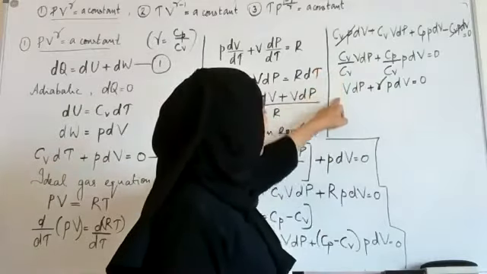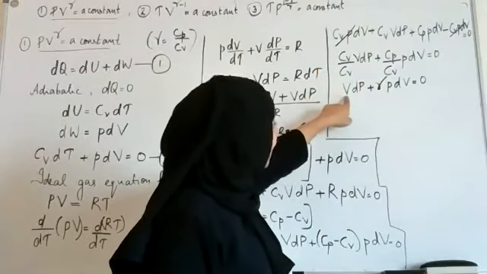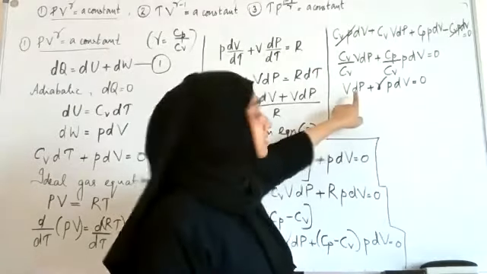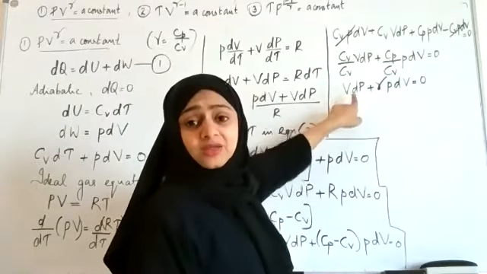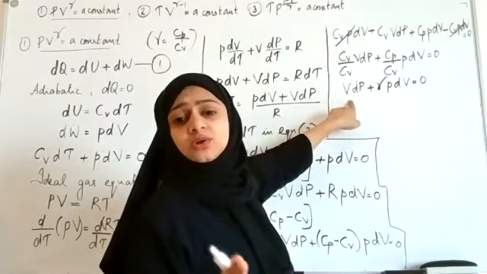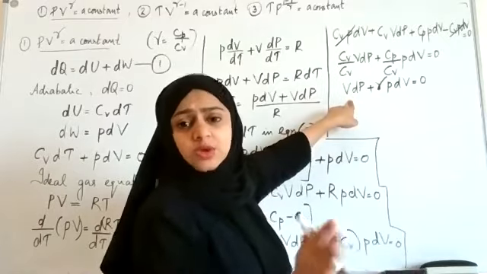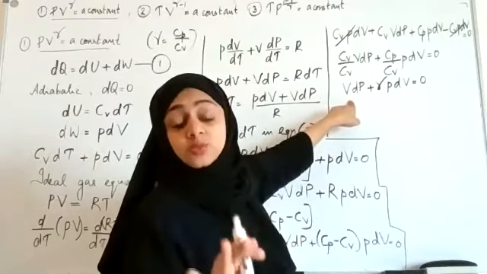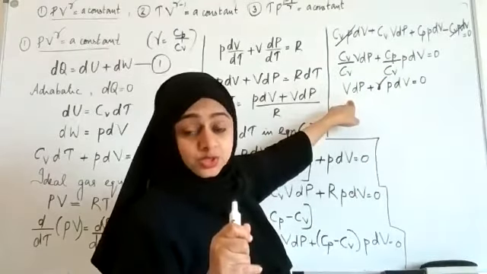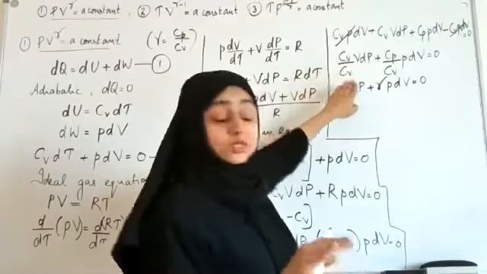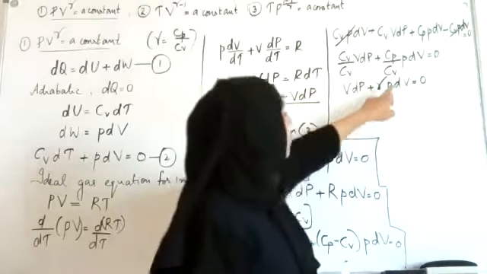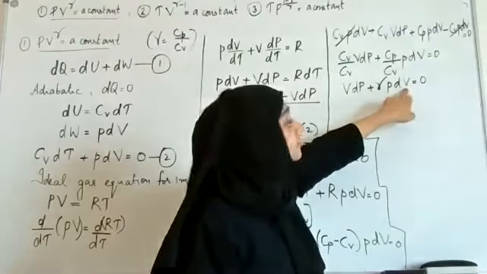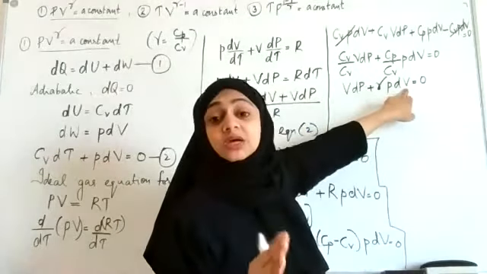Now when I integrate here, this is V with dP, and V is dependent on P. I cannot take it out of the integral because it's not a constant with respect to pressure. So to make this term exclusively with P and this term exclusively with V, I'm using a technique.